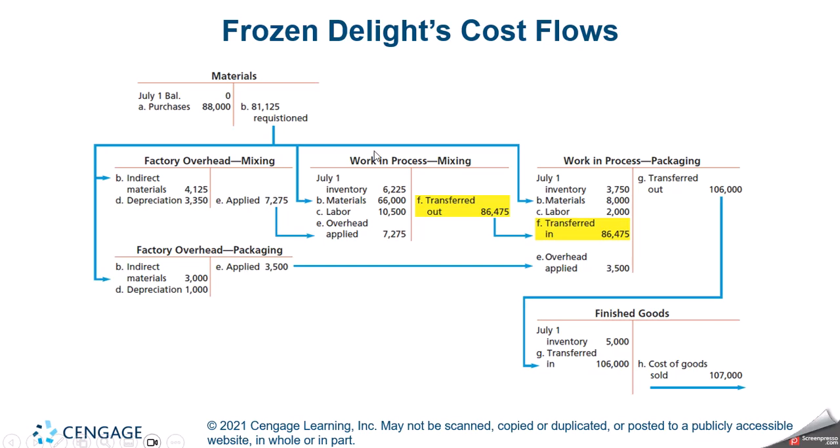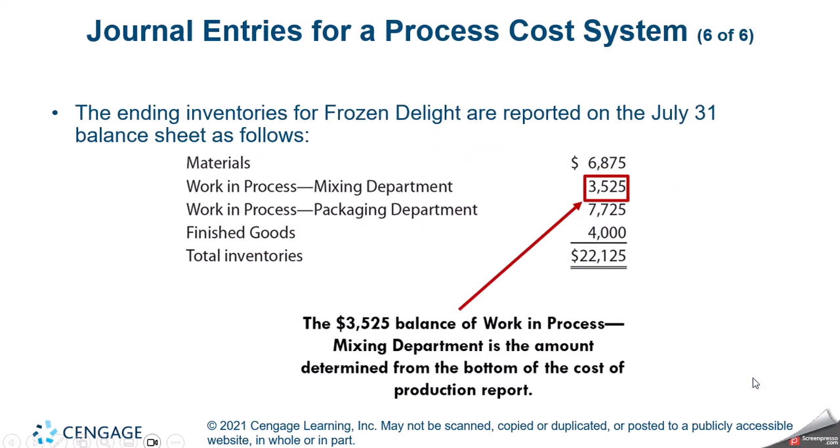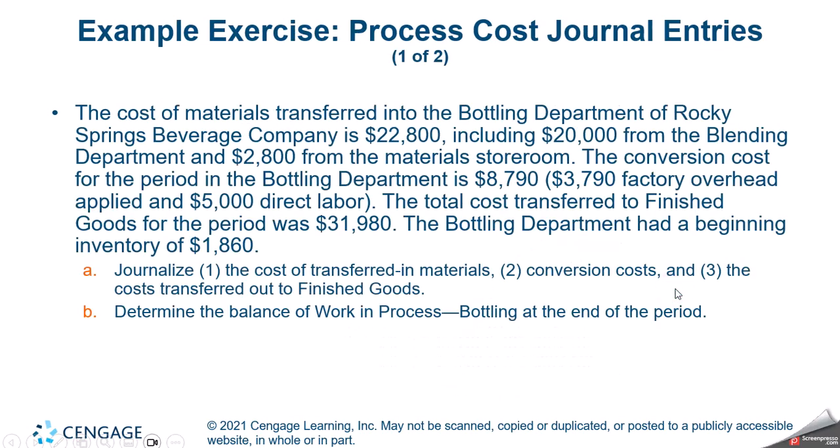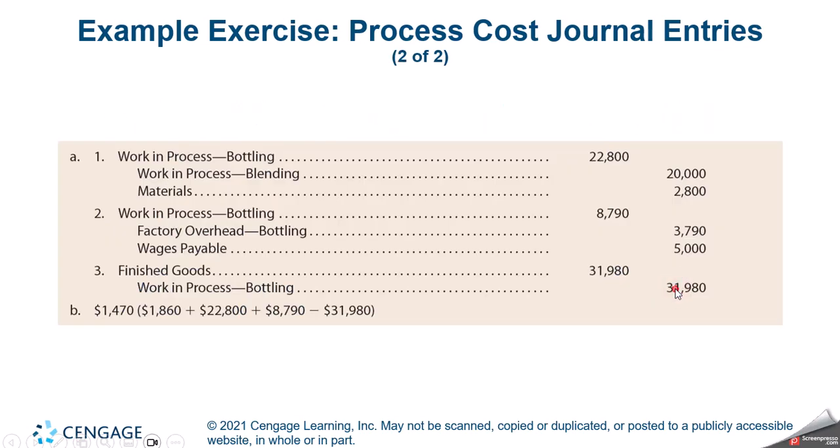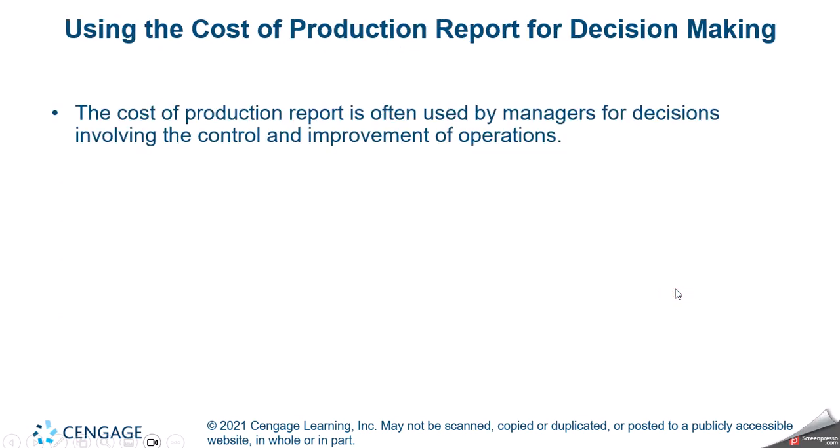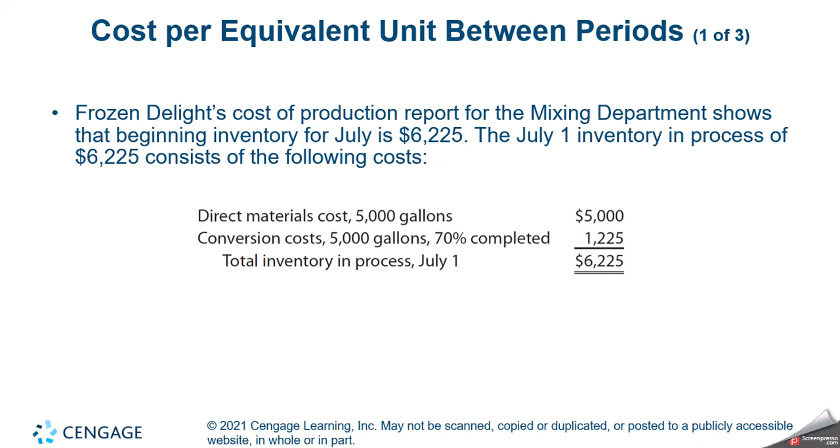So again, here shows you the flow: from materials into work in process mixing, work in process mixing goes into work in process packaging, work in process packaging goes into finished goods, and then that is where it's sold out of. Then this shows you the ending inventories at the various levels. And then this gives you an example of seeing that all work through. Then we'll get to our production report.